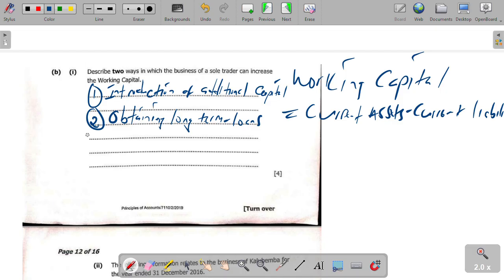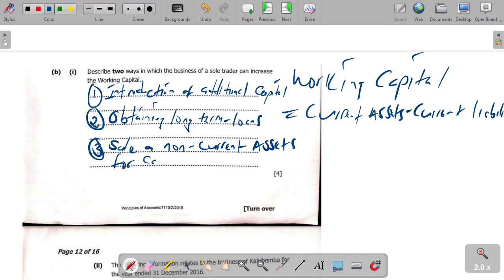If you like, you can give another point, so you can choose between the three. The trader can sell a non-current asset, for example a van that is not being used but is of high value, for cash.